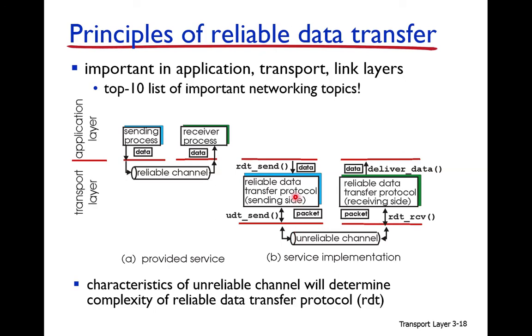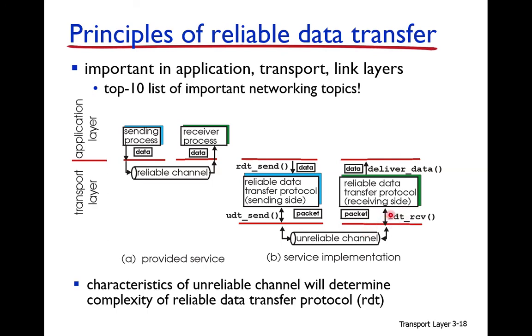So how does the transport layer achieve reliability? The transport layer moves the data unreliably, but at the receiving end it uses some methods, some magic, to receive the data reliably through an unreliable channel.